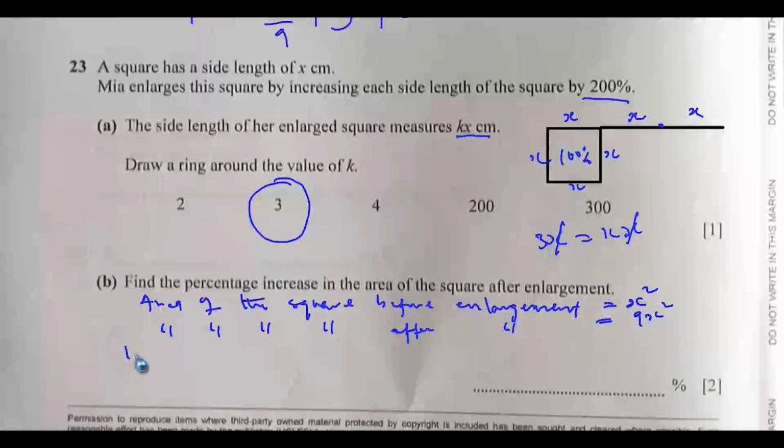So the increase would therefore be 9x squared minus x squared, so this would be 8x squared.